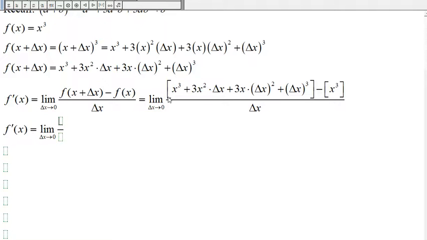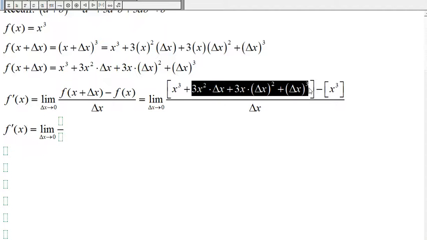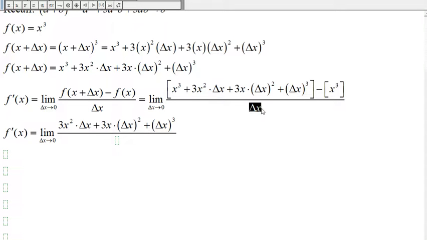And so now we have this. This is x to the third minus x to the third, which is 0. And so what's left is this, divided by delta x.